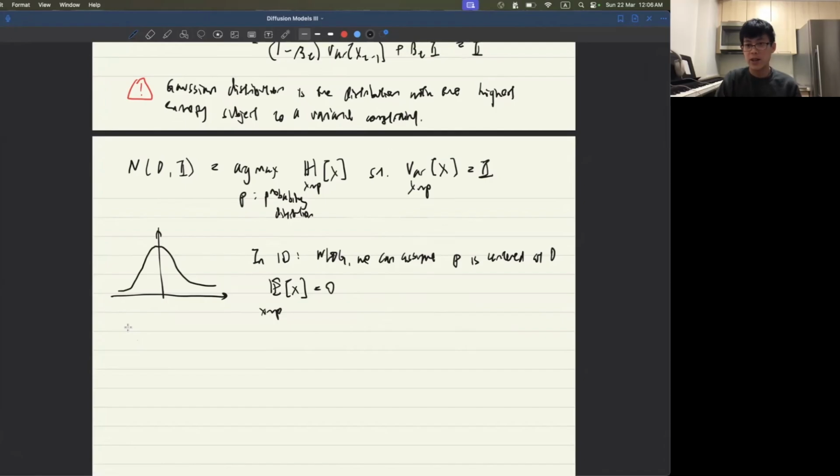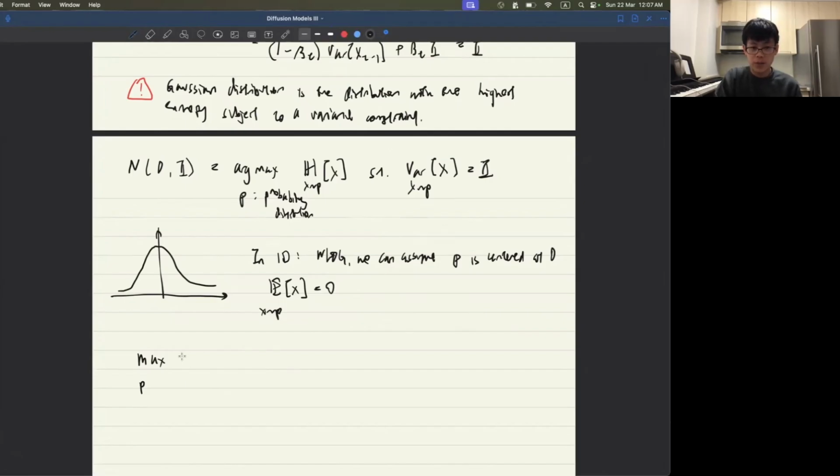When tackling an optimization problem, I like to write out the objective and constraints in a way that I understand. So in this problem, we're trying to maximize over a probability distribution in 1D, the density at each point, the entropy. So what is entropy? Entropy is the expectation of log 1 over p(x).